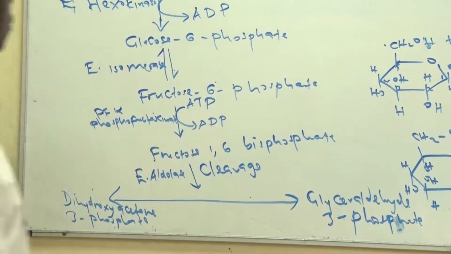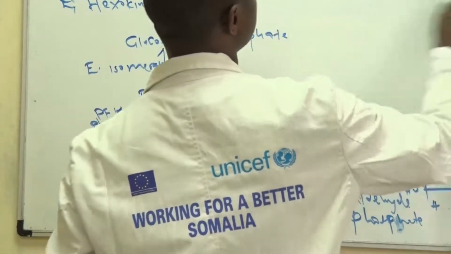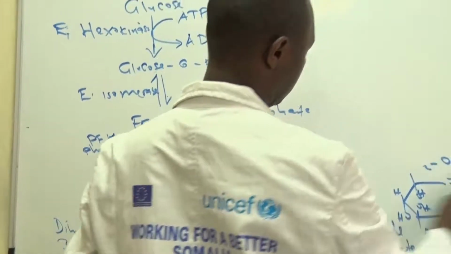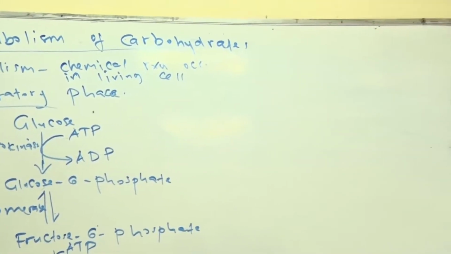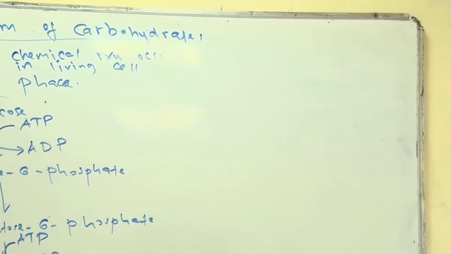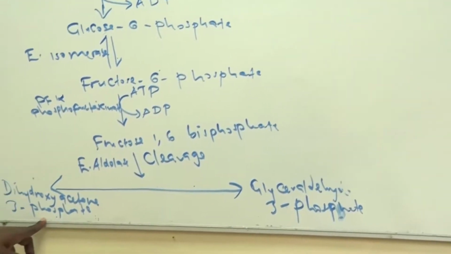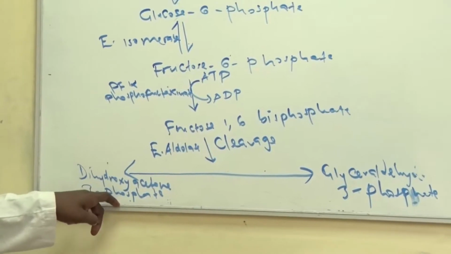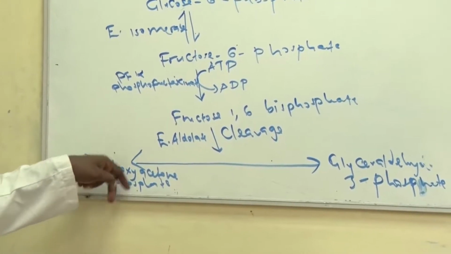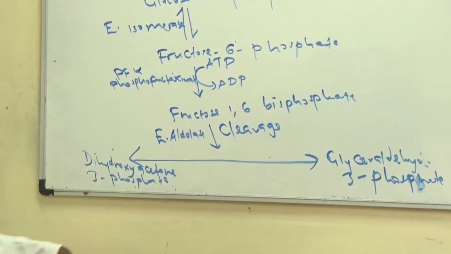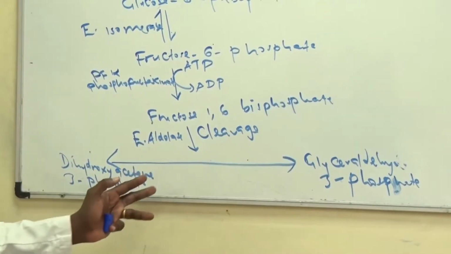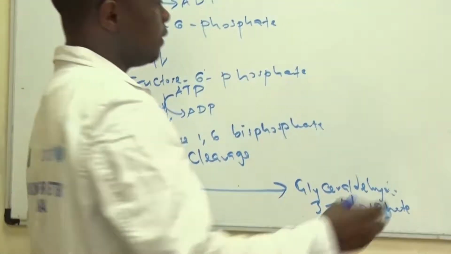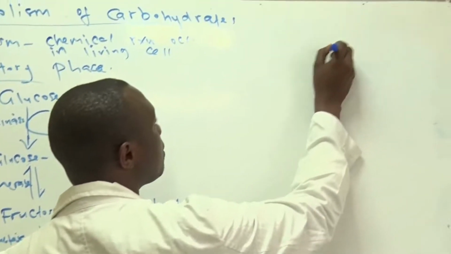Now let's continue to step number 5 and see what we are forming. Now this one cannot take part in the reaction unless we convert it back to glyceraldehyde 3-phosphate. This is a glyceraldehyde because it is a 3-carbon sugar.